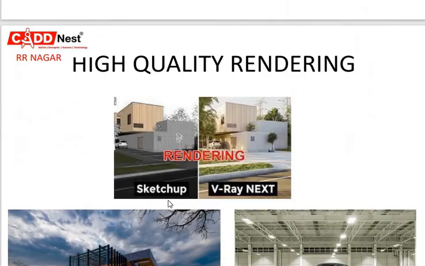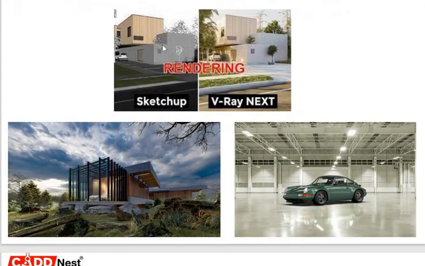We have a few examples here. You can see this is the rendering software V-Ray, which has been implemented into SketchUp; this is the animated mode of a model which has been created, and this is the rendered image. This is the image created by Lumion, and this is the Keyshot software image.